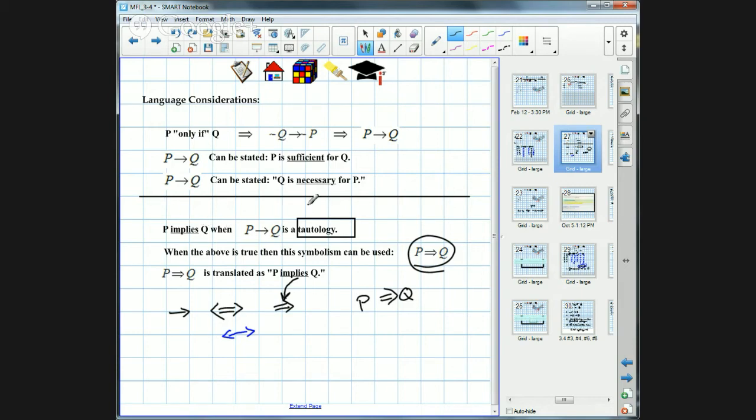Okay, so underneath the line, this is, I guess you could say, number 4. On the bottom, whenever you see this, P implies Q. This implies, that's a verb.